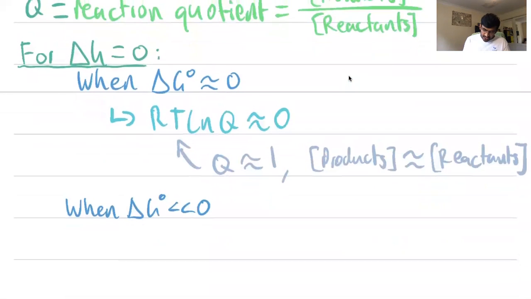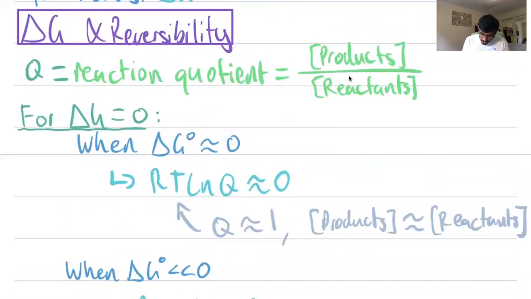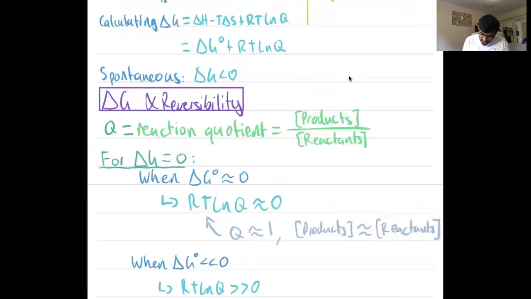By contrast, if my delta G naught is very negative, so my reaction is spontaneous, it's very, very negative now, okay? My RT ln Q must be very, very positive in order for delta G to be equal to 0. Because remember, this has to cancel with this for it to be 0.